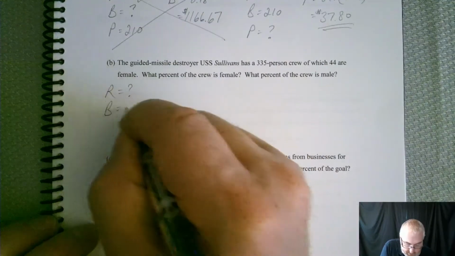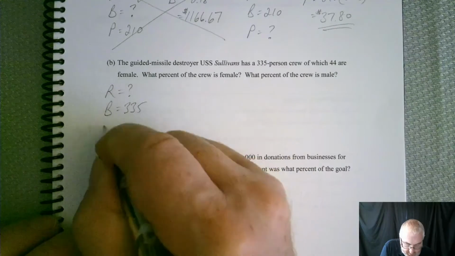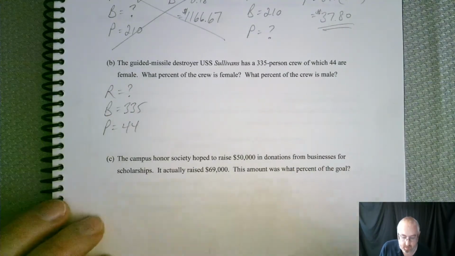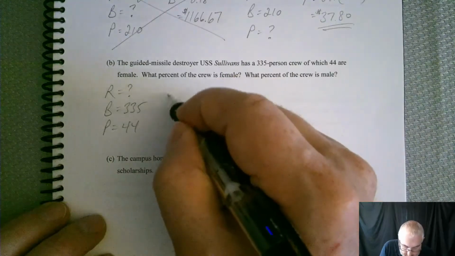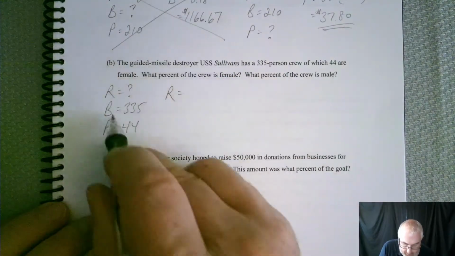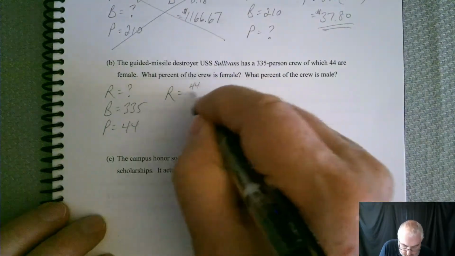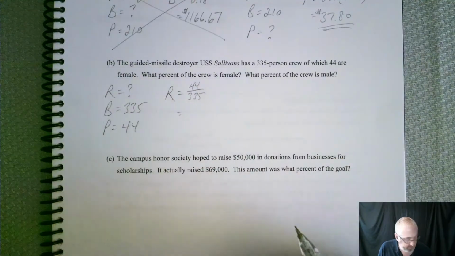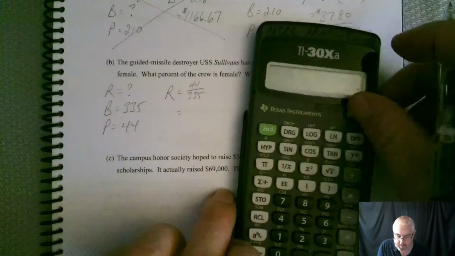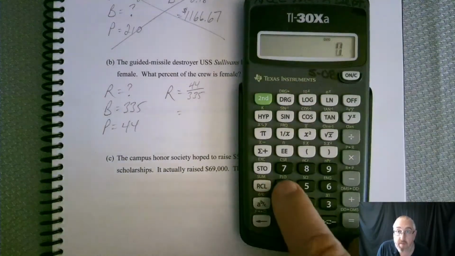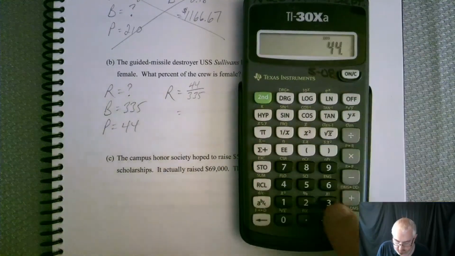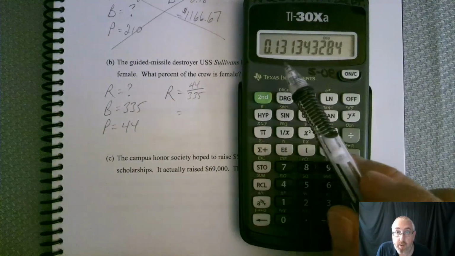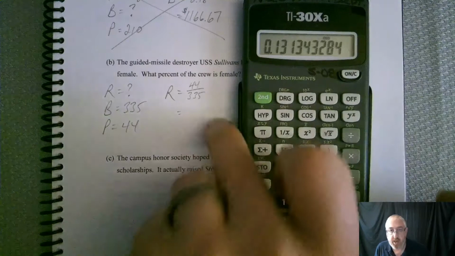The base is the 335 and the part is the 44. So now we can divide our part by our base, so 44 over 335. Let's see what that is. So 44 divided by 335 equals, looks like we get 0.1313 and change.